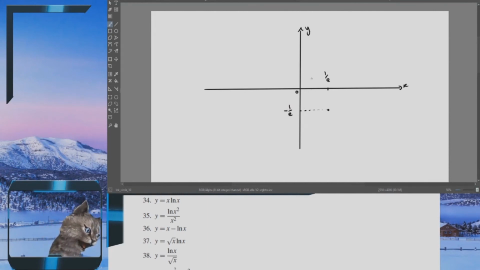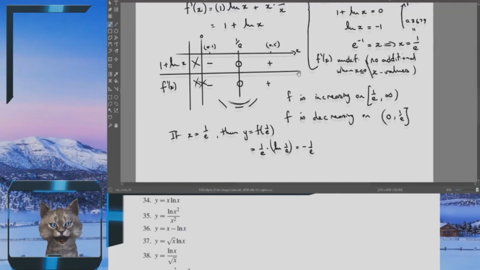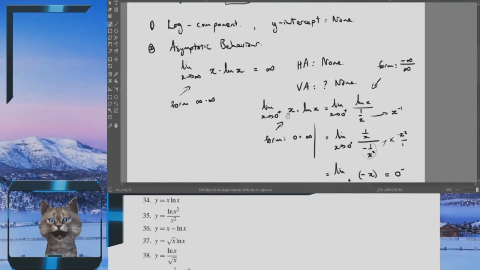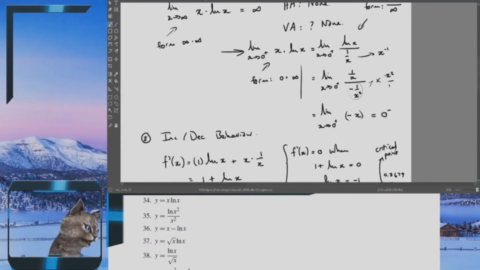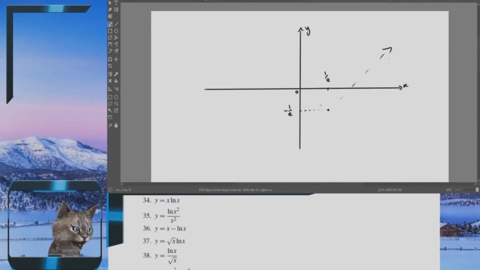And I know it's coming down. Let's just do the right side first. I know I'm going up to infinity because we found that over here. But what happens when I get close to 0? I'm going to head to 0 from the left, from below negative numbers.